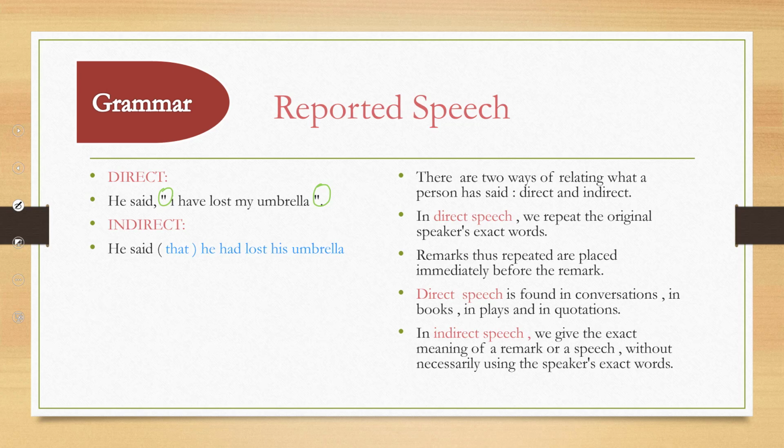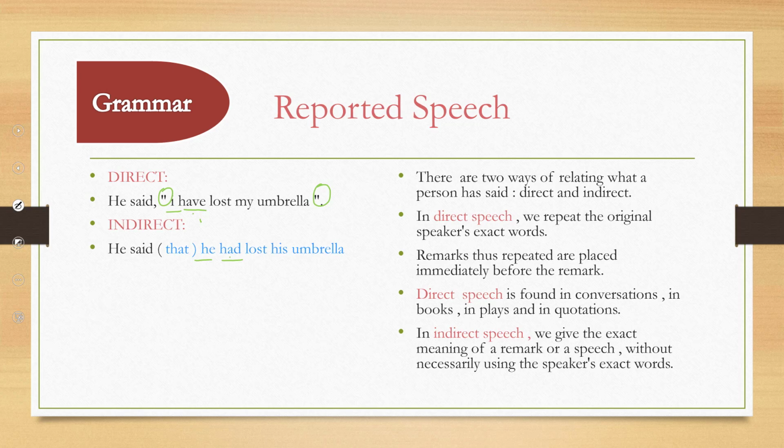Second, the pronoun I is changed into the pronoun he. The tense of the verb have is changed into had. So present perfect is changed into past perfect because we change present into past.